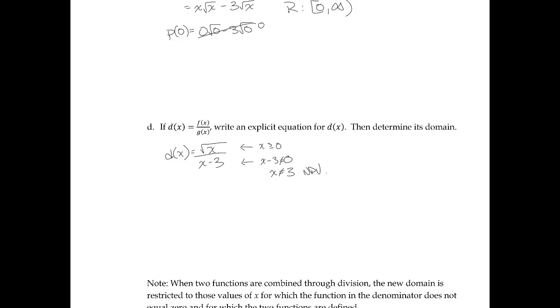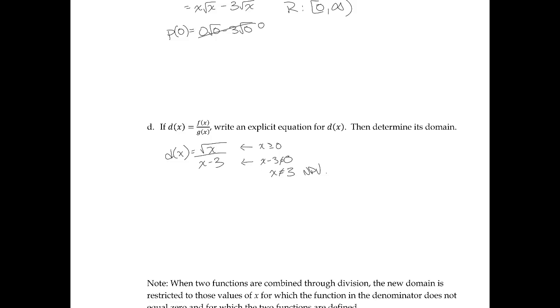So we have both a restriction on our domain plus another non-permissible value. So what does that mean? Well, it means we're going to get a pretty trippy looking graph. We need to bear this in mind when we write its domain, and we could even figure out its range. Well, we're only worried about domain here.